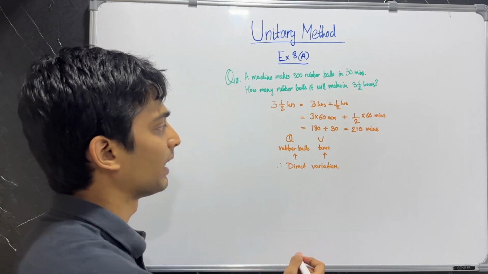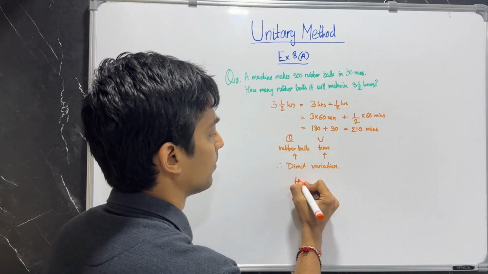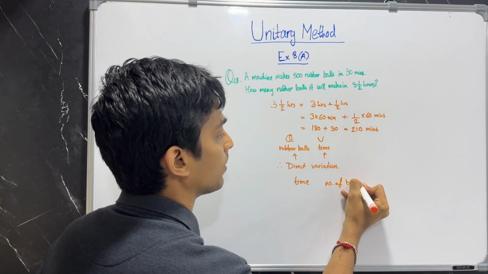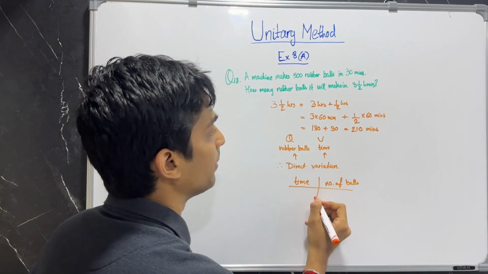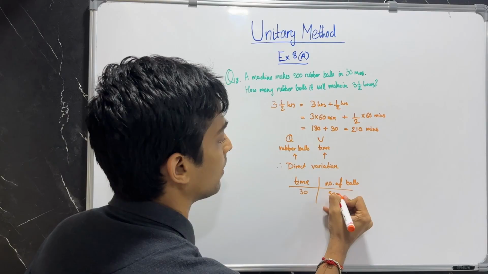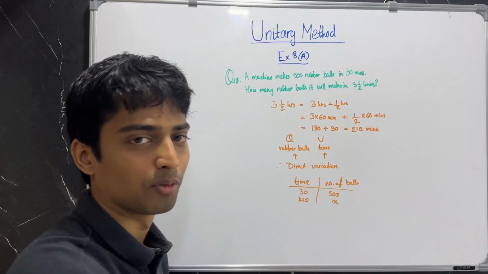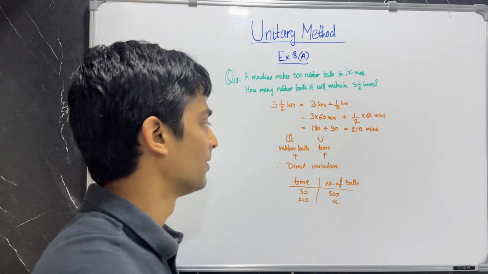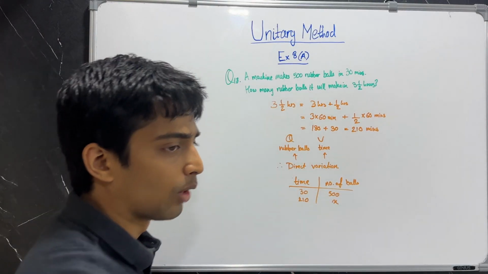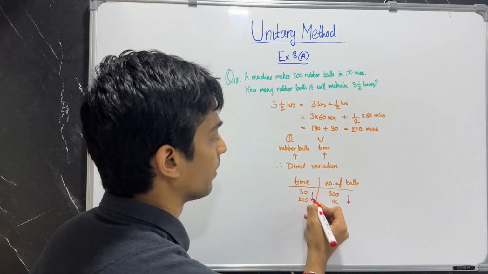Now we'll make a table, simple table. So we'll write here time, number of balls. Time will be 30 minutes, 500, and 210, x. We have to find the number of balls in 210 minutes. Okay. Downward arrow here. It's direct variation, so also here downward arrow.